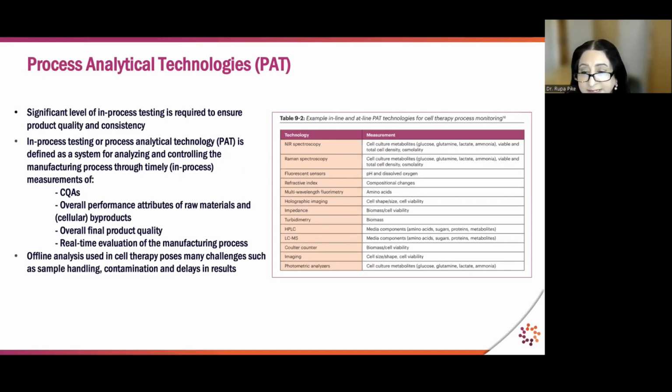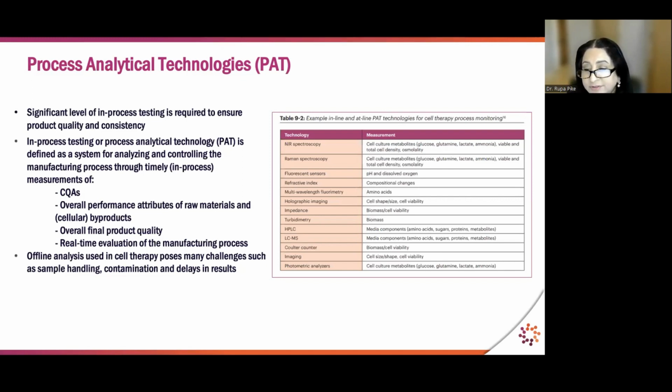So as you can see, there is NIR spectroscopy, Raman spectroscopy, fluorescent sensors, refractive index measurements, multi-wave fluorometry, holographic imaging, impedance, turbidity, media component measurement using HPLC, LCMS, Coulter counter for biomass, imaging of the cells, and photometric analysis.